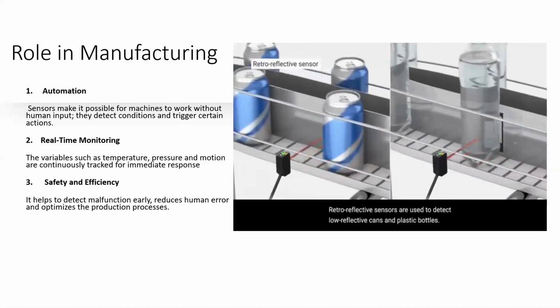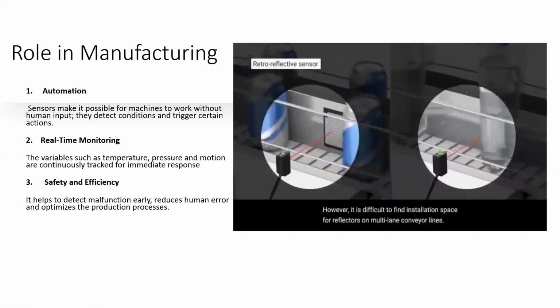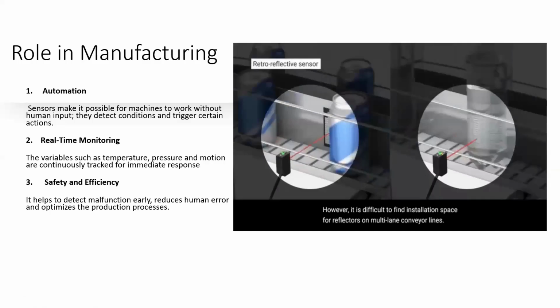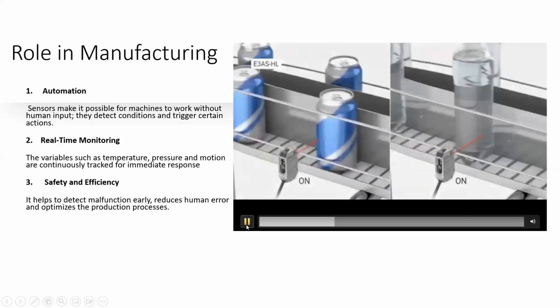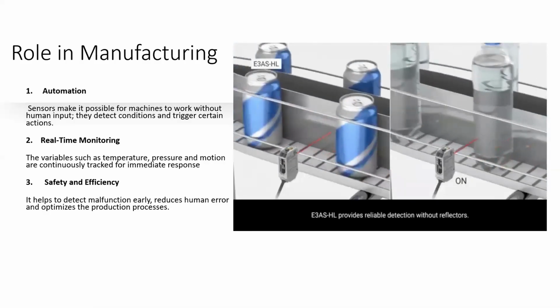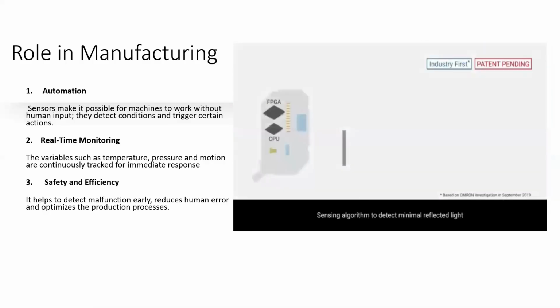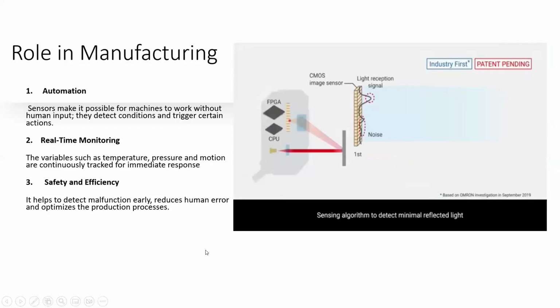You can see this is done independently without human intervention, carrying out the real-time monitoring, and it's more effective. It's giving the on signal, which goes directly to the programmable logic controllers. I pause briefly there just to give an overview of what sensors do in industries.